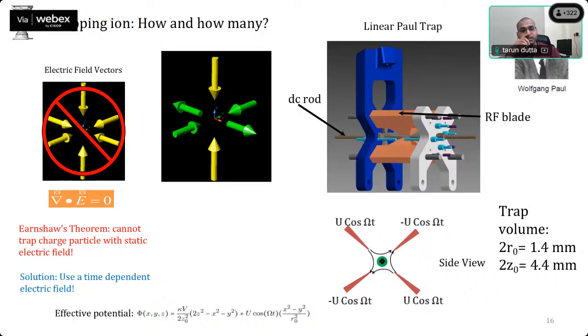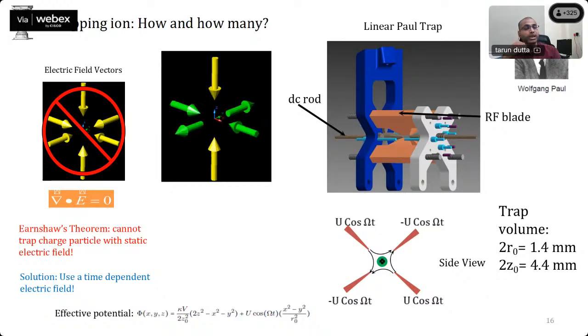In this animation, the green arrow is oscillating, and you can see its position changing. We apply an alternating field to those electrodes, and along the z axis, colored yellow, we apply DC voltage.